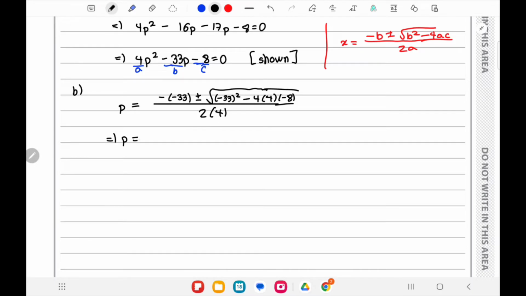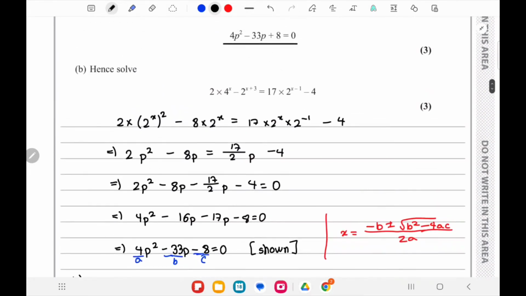You'll get p equals 33 plus minus root over, and you'll get 8 over here.